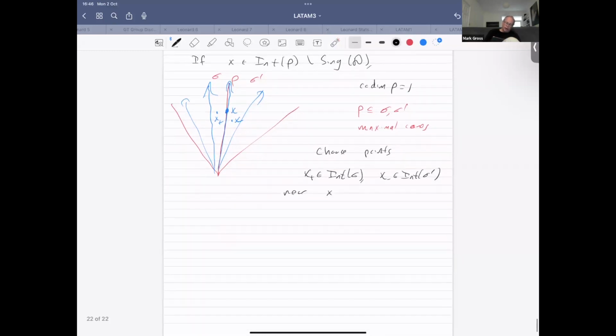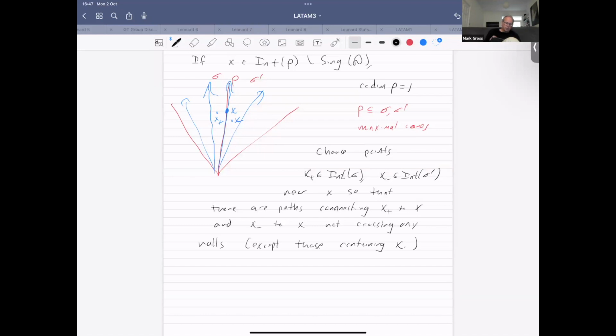So we choose these near X so that there are paths connecting X plus to X and X minus to X, not crossing any walls except those containing X.